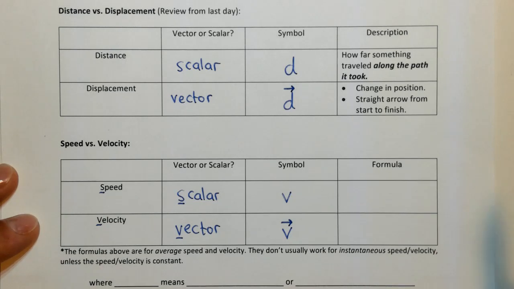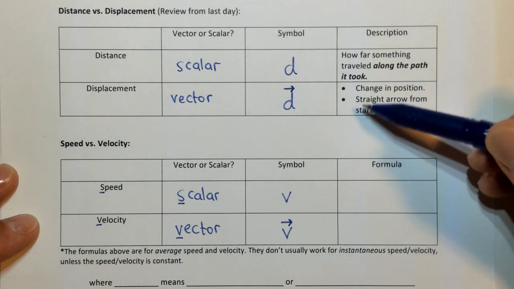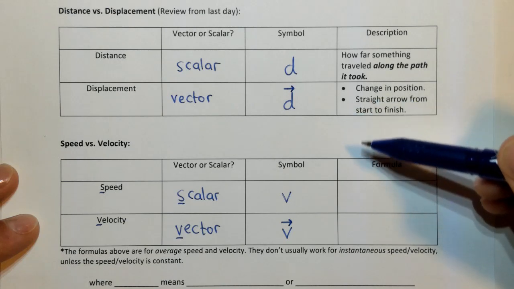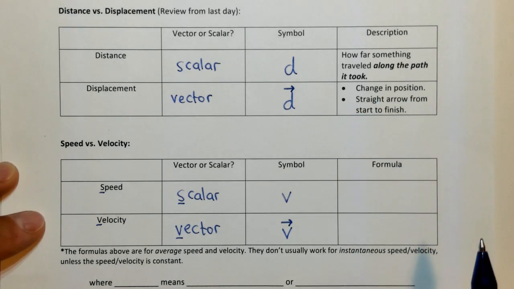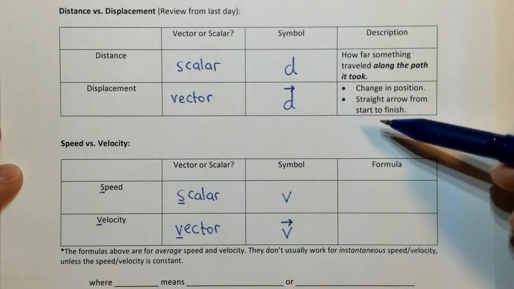Now, a lot of the time when things move, they will speed up and they will slow down. Like the example I gave before of a ball going up in the air and coming back down. It's going to be slowing down on the way up and speeding up on the way down. So asking what's the speed of that ball is kind of an impossible question to answer because the ball has many different speeds.